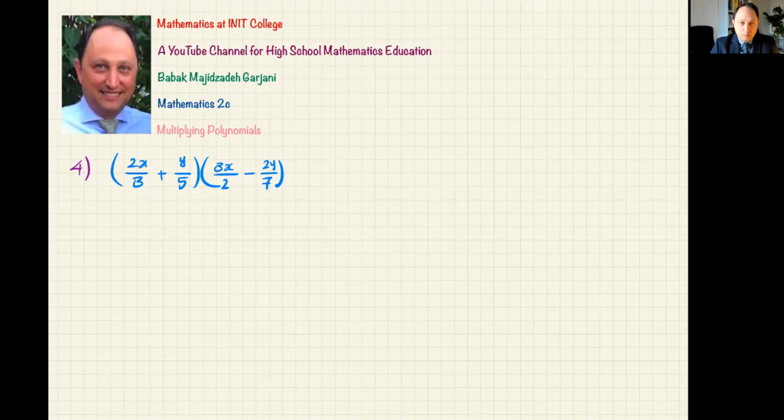The method is the same, but you need to be more careful because you are dealing with fractions. I have seen some students sometimes make a mistake. They multiply by the common denominator to get rid of the fractions. I want to mention that, be careful, this is not possible here.